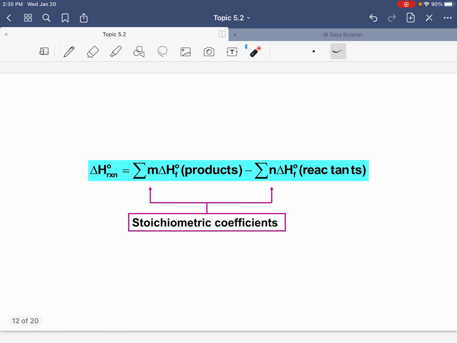And here's the formula to calculate the overall delta H naught of reaction. The enthalpy of reaction for any reaction under standard state can be calculated by the sum of the enthalpy of the products minus the sum of the enthalpy of the reactants.